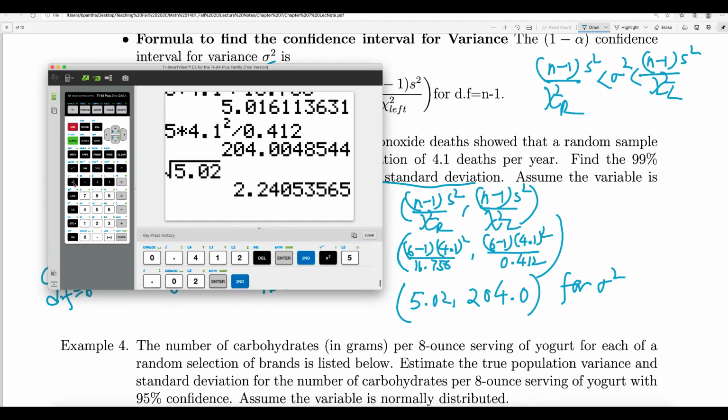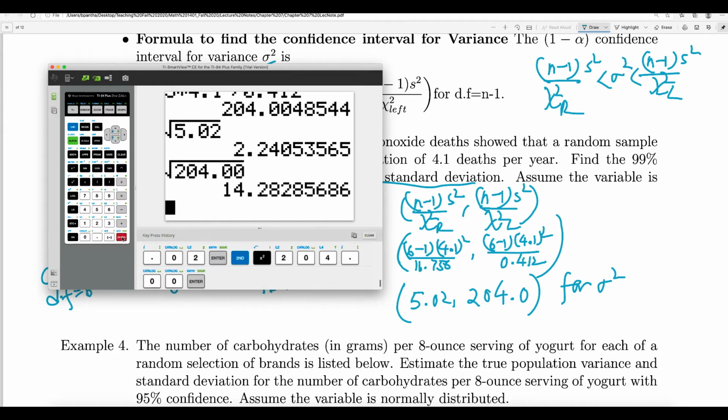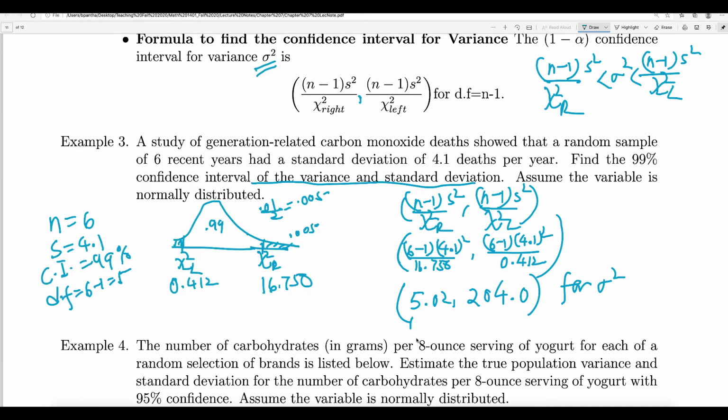Similarly, the square root of 204.00 is 14.28. So 2.24 and 14.28 for the population standard deviation. This is for variance and this is for standard deviation. That's how we find it.